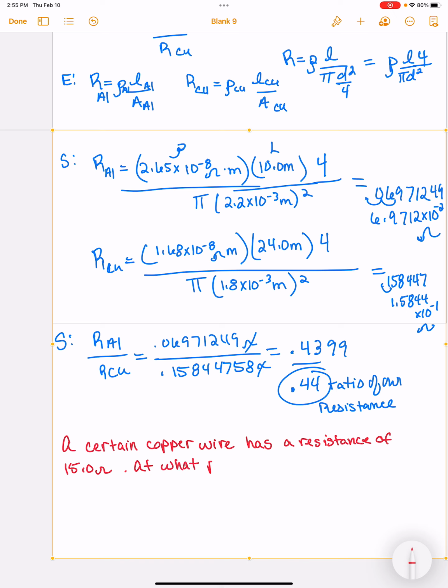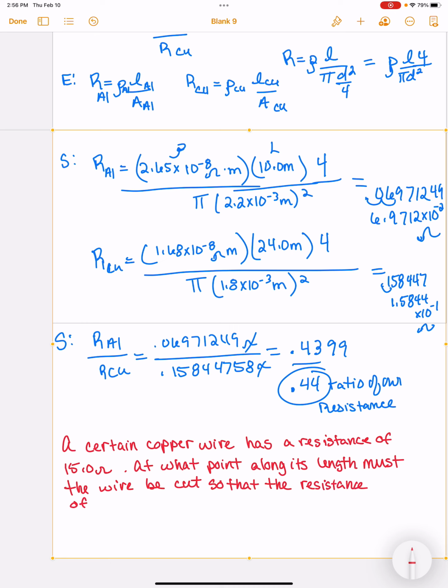At what point along its length must the wire be cut so that the resistance of one piece is 4.0 times the resistance of the other?